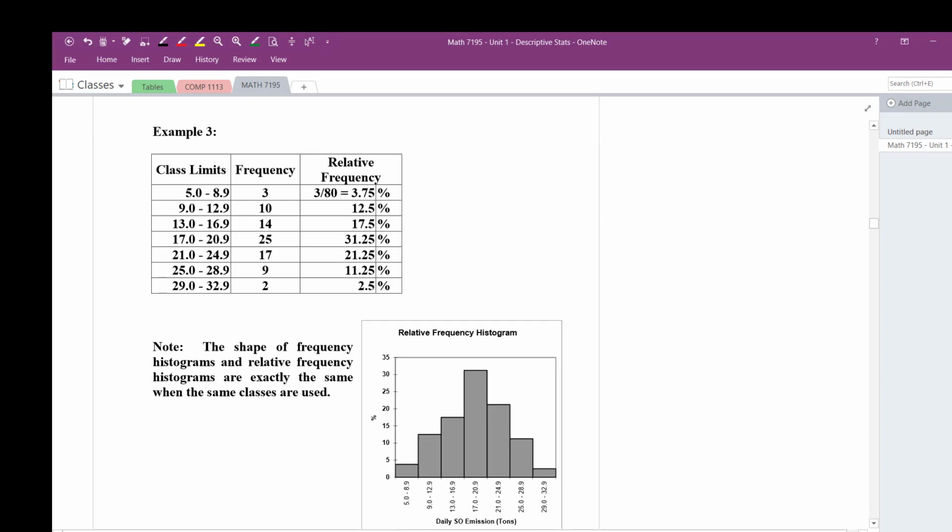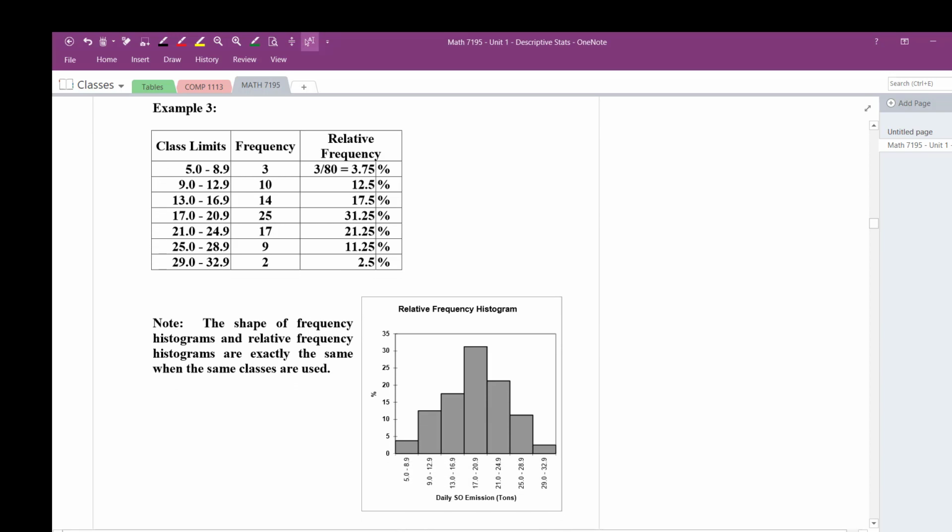Another type of plot is a relative frequency histogram, and you'll see in the picture it's exactly the same as the one we just had. The only difference between this one and the one we had before is I plotted percentage on the y-axis instead of the actual frequencies.